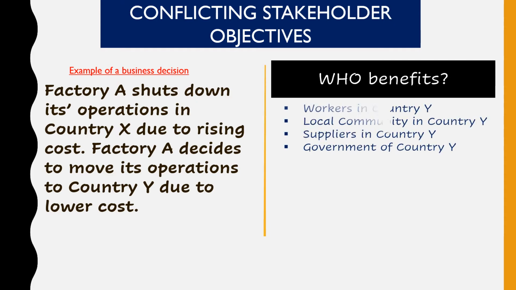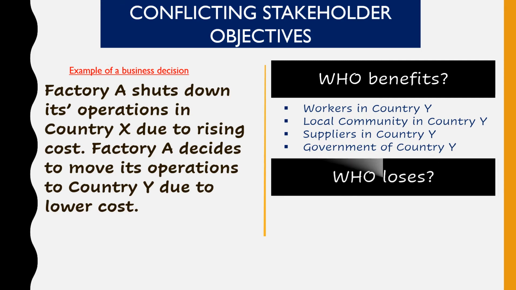So who benefits? Workers in country Y, where factory A decides to move its operations, and the local community, because of course there will be more employment opportunities in country Y because of factory A's decision to move. Suppliers that factory A will depend on in country Y, as well as the government of country Y in terms of tax and things like that. Now, who would lose?